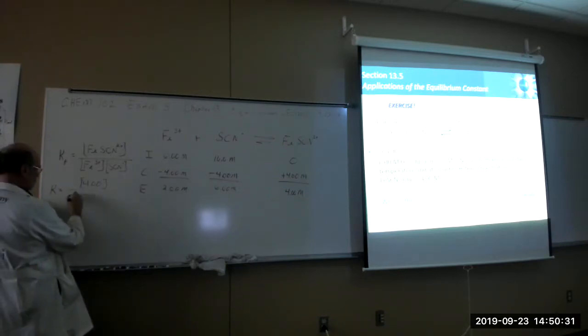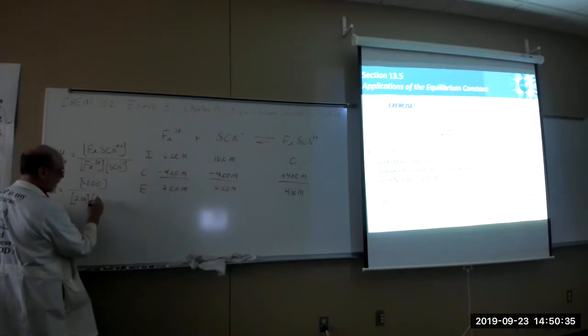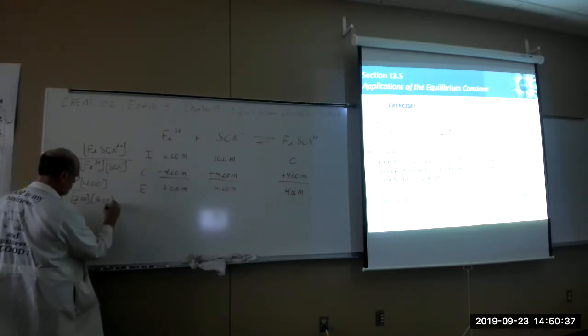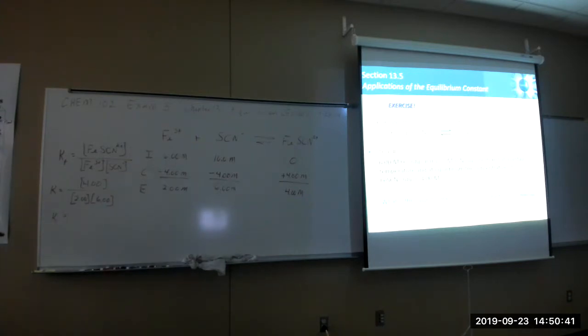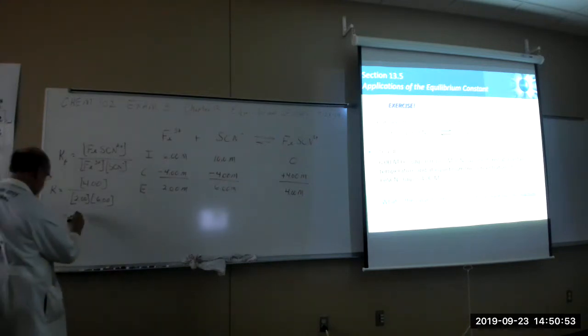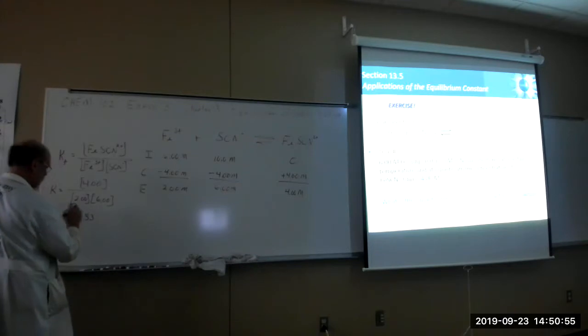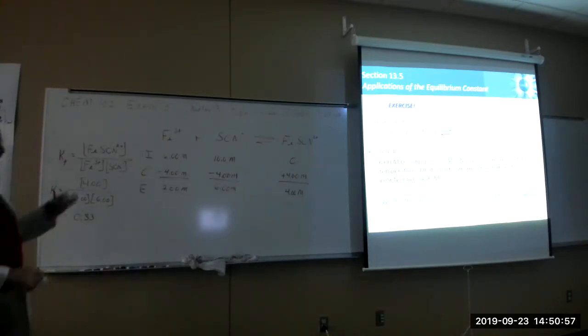And this is going to be 2 times 6. So it'd be 4 divided by 12, right? 4/12 would be 0.3? 0.33. Yeah, 0.33 is the K value for that reaction.